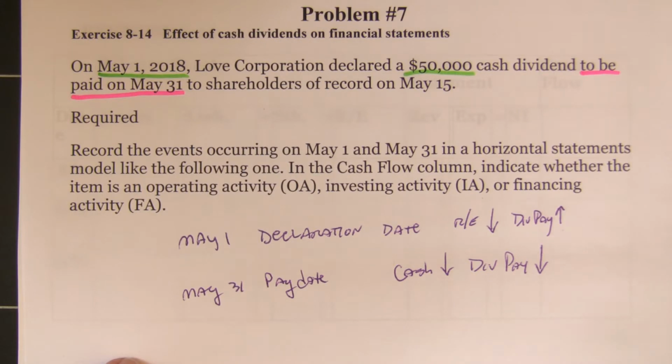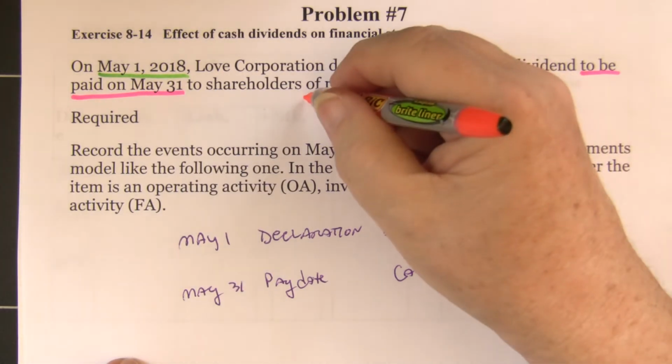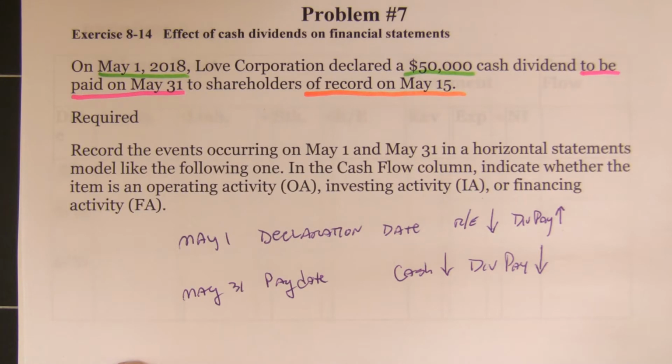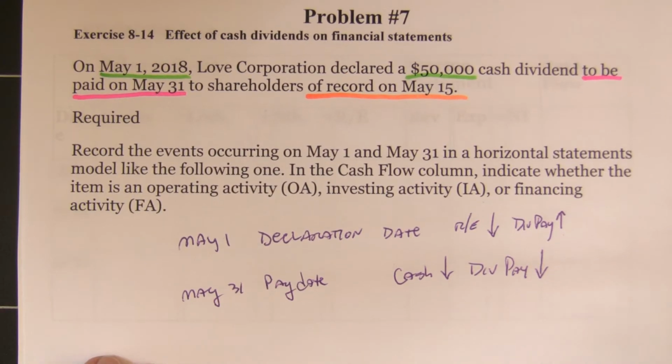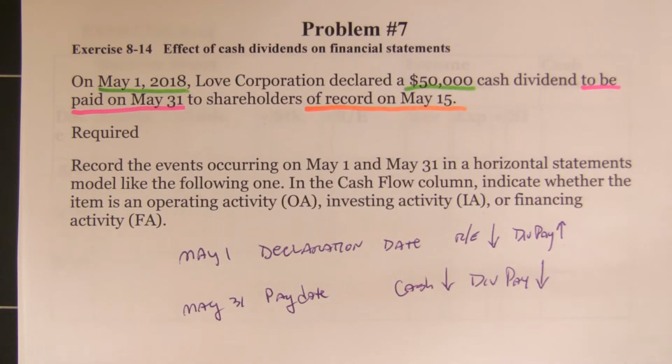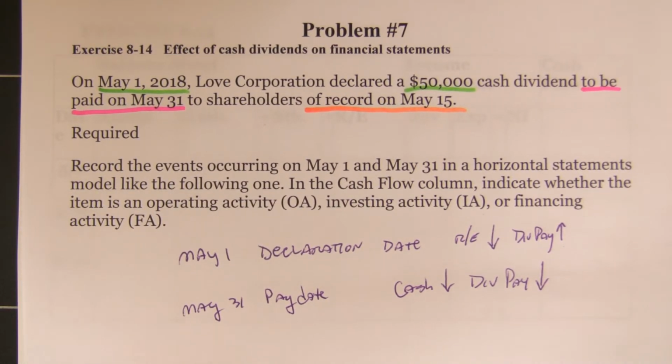The other date they give us is interesting, but of no import to anybody but fools like me who work in the accounting department. That's the date of record. That's when shareholders have to let you know who they are and where they are, so you can send a check to them.